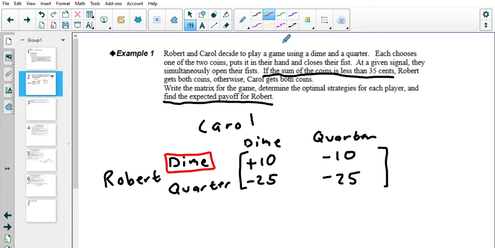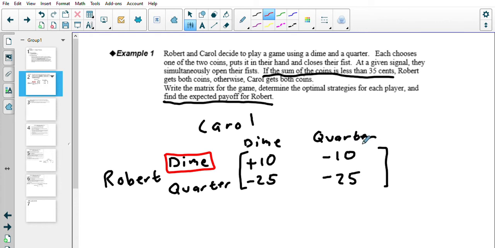Right? And now let's look at Carol. If Carol plays her dime, right, there's a chance that she could lose. There's a chance that she could have to give her dime to Robert and lose 10 cents, or there's a chance that she could get Robert's quarter. But if she plays her quarter, no matter what Robert plays, she's going to get Robert's coin, right?